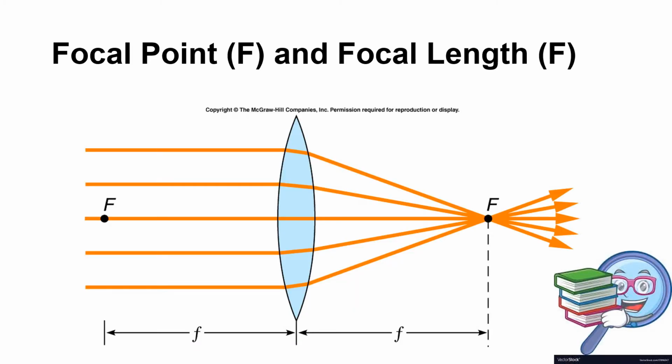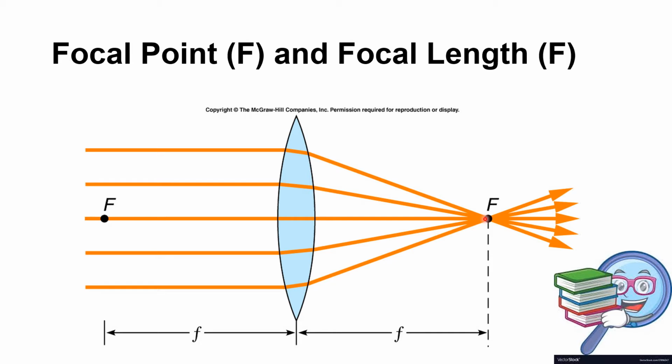In describing lenses, it is important that we know the difference between the focal point and the focal length. When parallel light rays strike a lens, specifically a double convex lens, the refracted rays bend towards the thicker part of the lens, which is the center, and meet at a common point called the real focus.